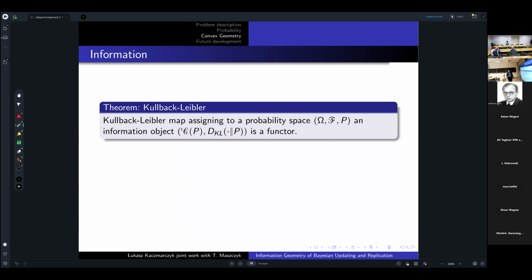And the fact that this formula gives us a functor is directly a consequence of the fact from the last page. Covariant. Covariant, yes.